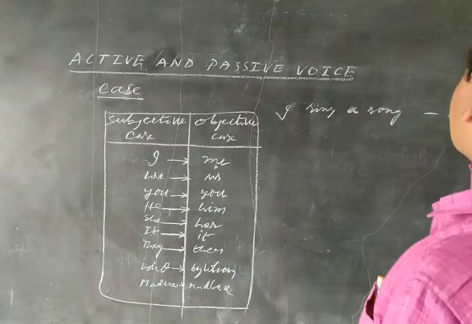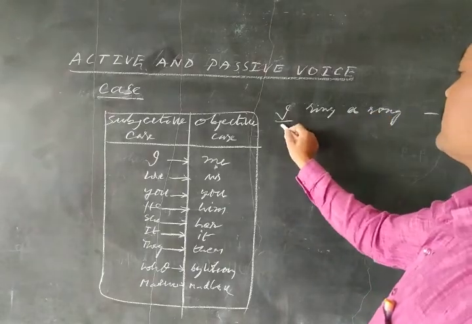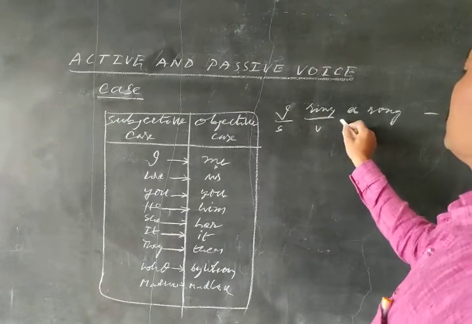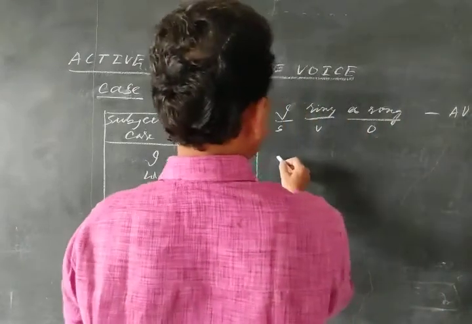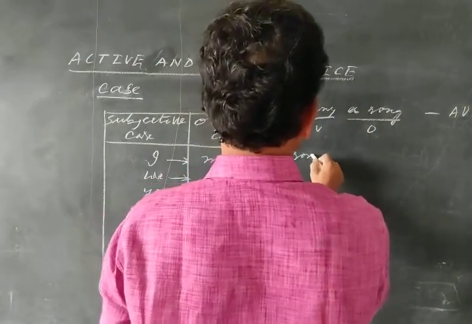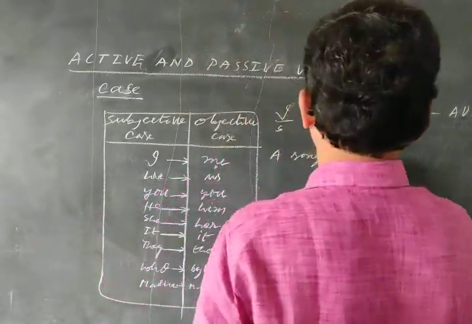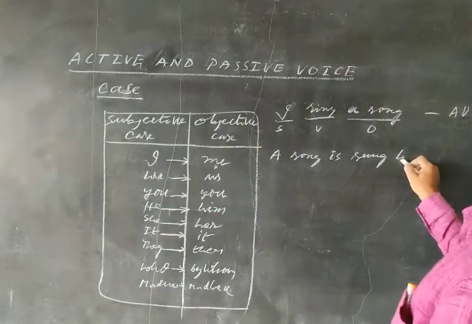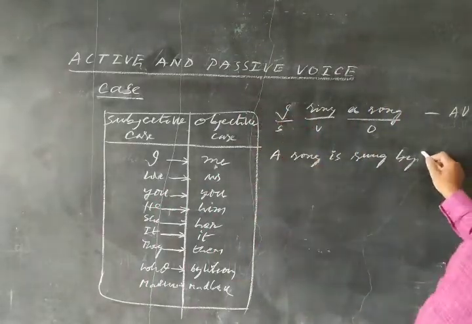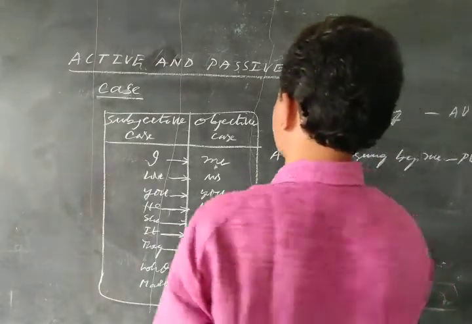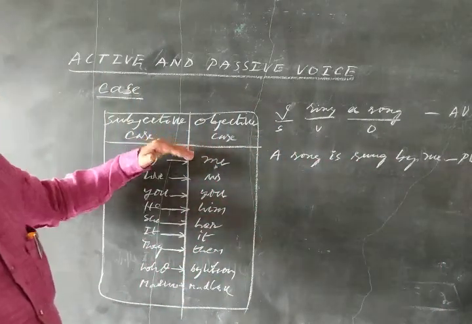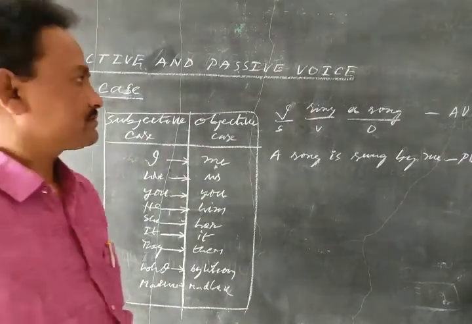This is active voice, no? I is subject, sing is verb, a song is object. It is written like this: a song is sung by me. I becomes me. This is passive voice. Subjective case and objective case.